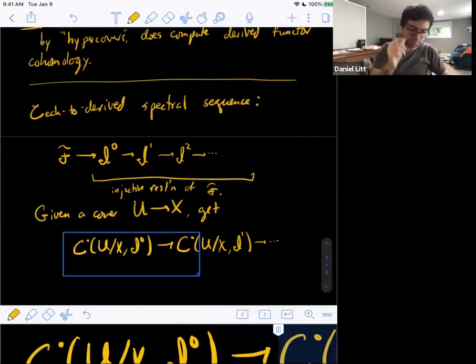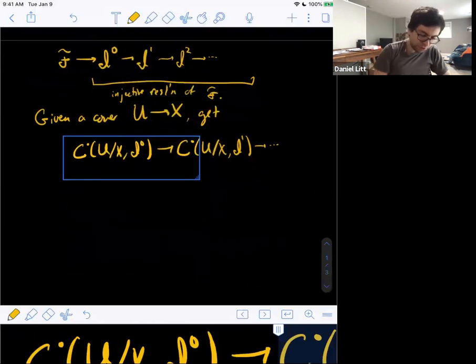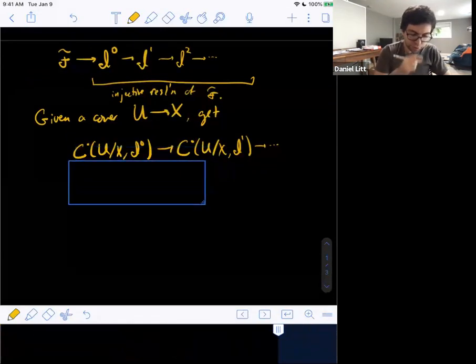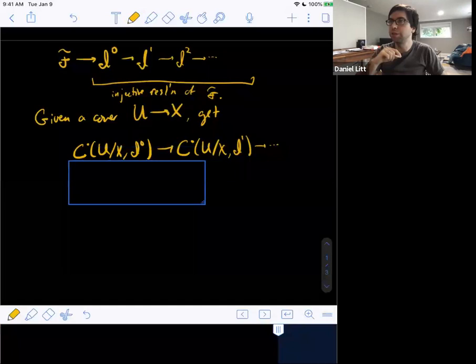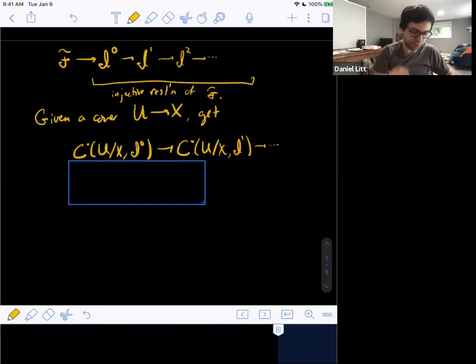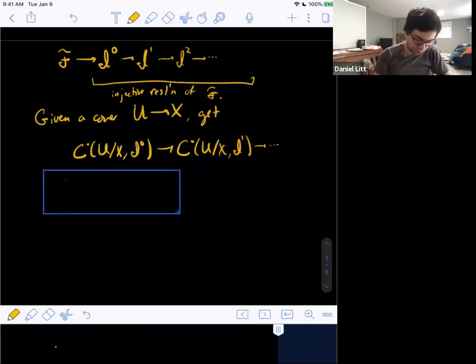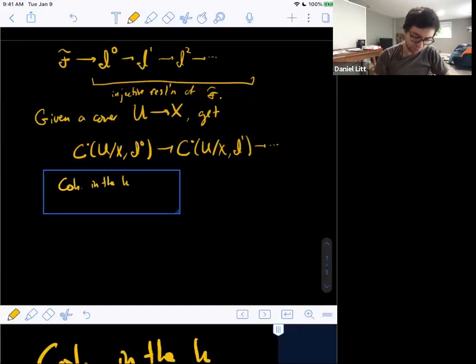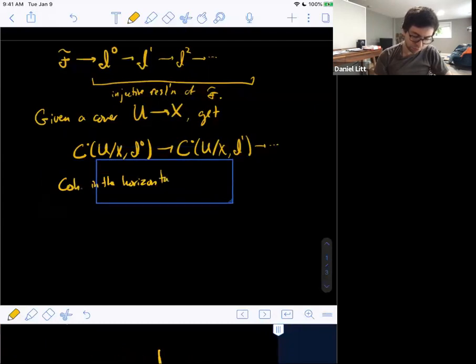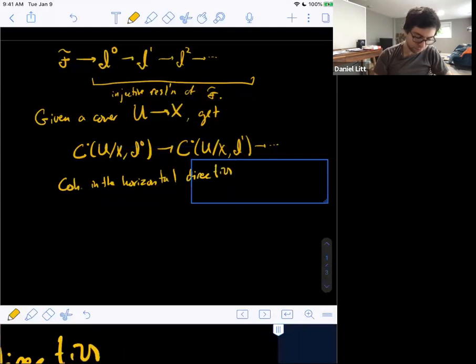All right, great. So to a double complex, one can associate two spectral sequences. So let's compute what happens. First, let's take cohomology in the horizontal direction. Can anyone tell me what this gives us?